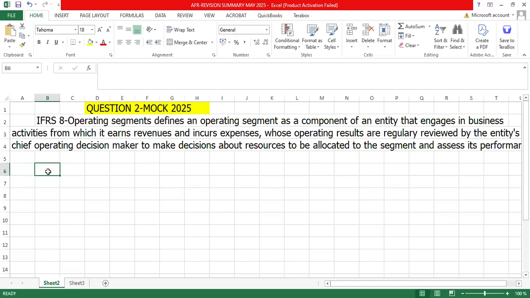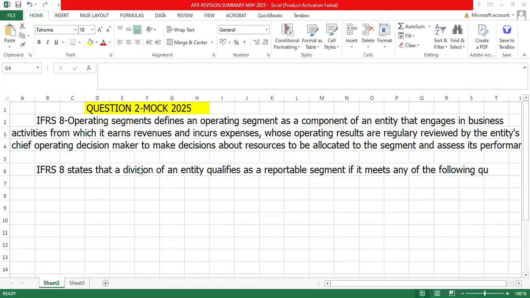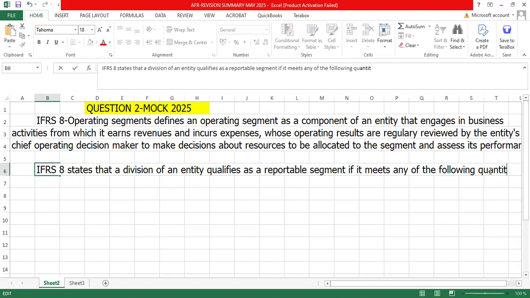You can say that IFRS 8 states that a division of an entity qualifies as a reportable segment if it meets any of the following quantitative criteria. Here you are going to say quantitative criteria.